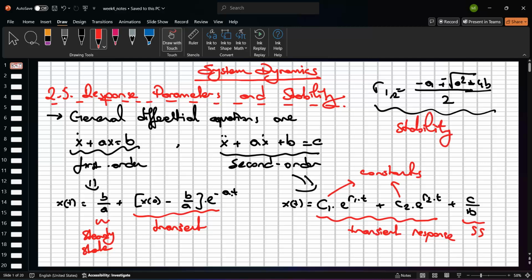What's the meaning of stability? Can anyone guess that? Stability means that if the time goes to infinity, the signal is either closing to 0 or to infinity. If we are closing to infinity, our system is unstable.